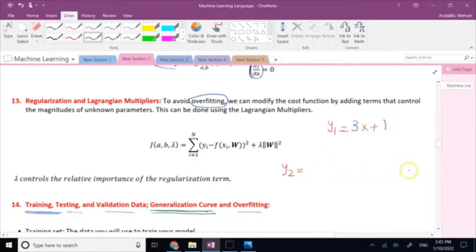Instead of having a 6th-order polynomial with all 6 numbers being similar to each other in magnitude, you might have something like this. For example, 1 plus 2x minus 3x squared, then let's say minus 2x cubed, and then plus 0.01x to the 4, or let's say if we want to go to the 5th-order polynomial, minus 0.006x to the 5. So here you have 6 coefficients, 5th-order polynomial.